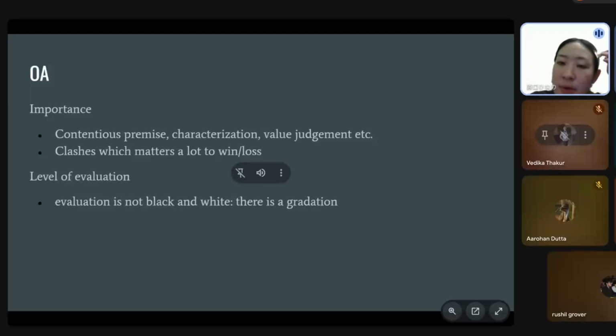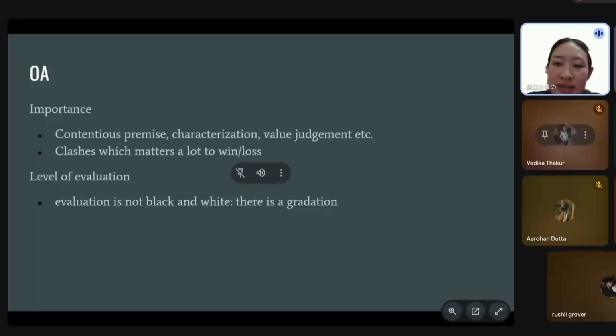The point is that, for example, if all arguments are based on the characterization, like the extent of the impact is based on the characterization, you have to explain the characterization first, and in more detail compared to how you evaluate the rest of the argument. So these are the priorities you can make in terms of importance.